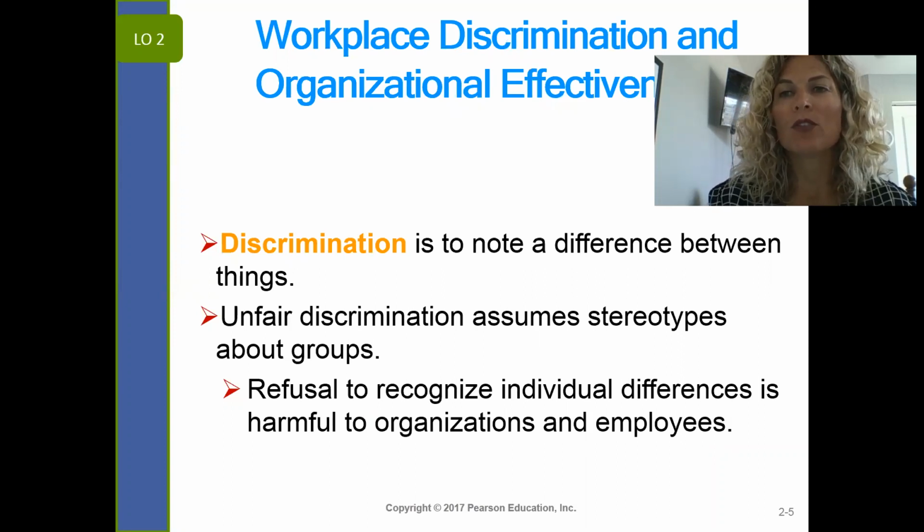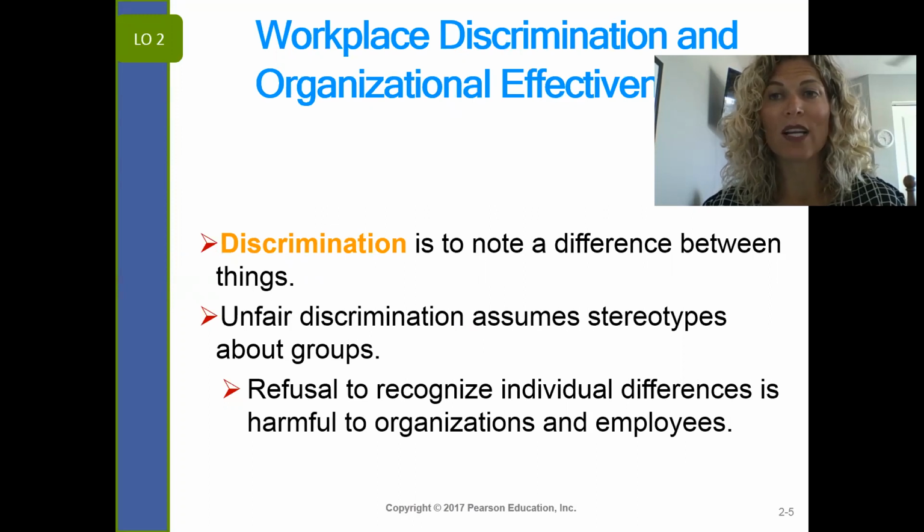We want to make sure that we're discriminating based on job-related factors. We don't want this unfair discrimination that assumes stereotypes about groups, where we make decisions based on these protected factors, because honestly, as we go through these different factors, there's research that suggests for most of them that there's nothing that shows that people of a certain race are more productive or smarter.